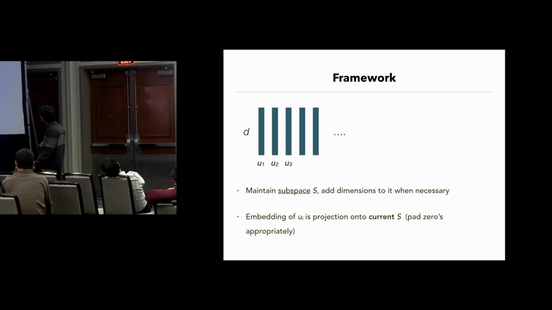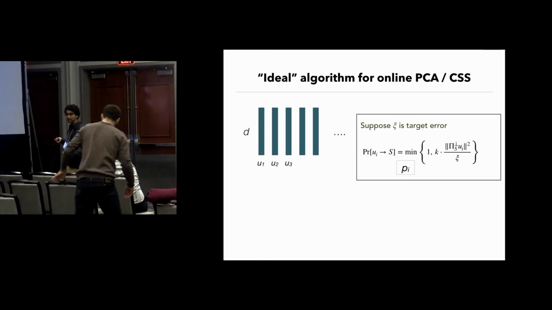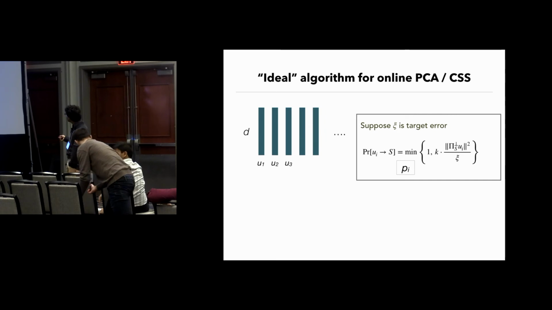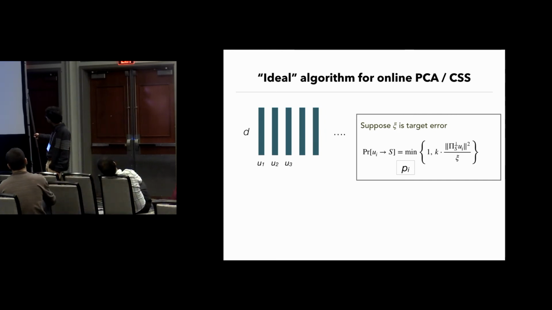So this is the general framework, and if you would like to mimic Myerson's algorithm in this context, suppose you have this target error C. Now you can say the probability that I add a point is proportional to the projection of the point I got orthogonal to the space I have. You normalize it by C, and you multiply by K. Let's call this probability p_i.